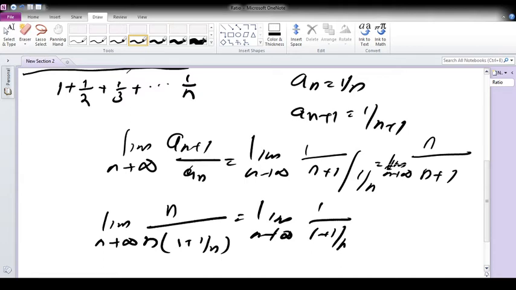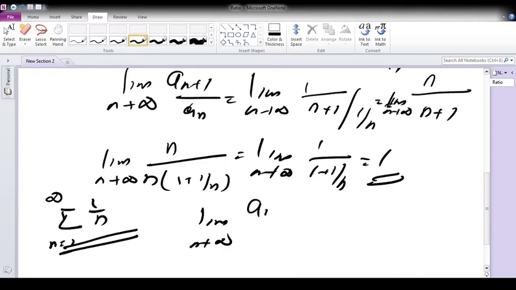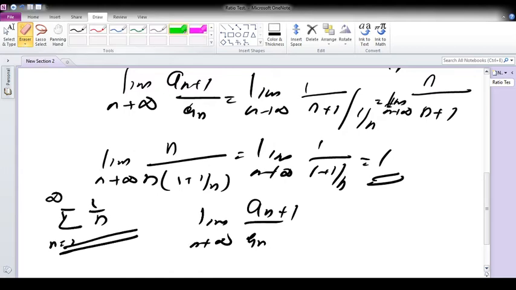So in this series, 1 plus 1 by 2 plus 1 by 3 plus etc., that means summation 1 by n from n equal to 1 to infinity, the limit of a_(n+1) by a_n is 1.